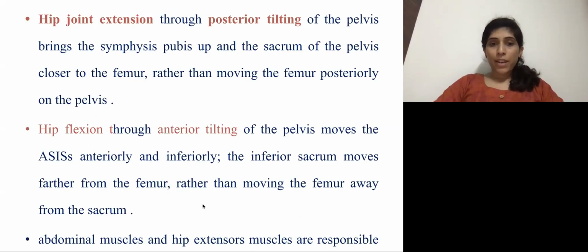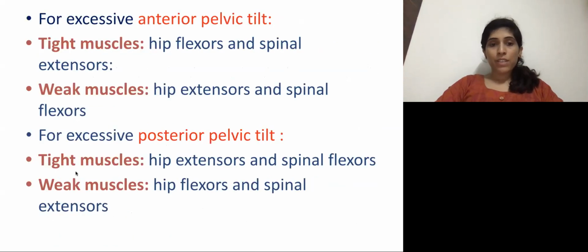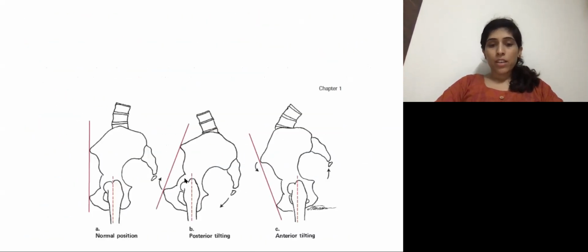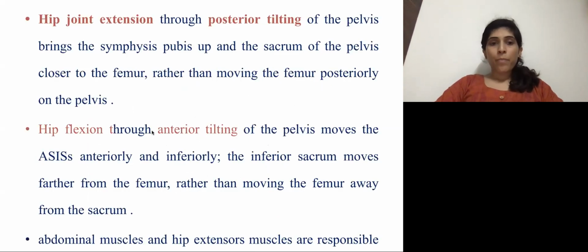During hip flexion, the anterior tilting of the pelvis moves the ASIS anteriorly and inferiorly, and the inferior sacrum moves further away from the femur. As we have seen here, the ASIS moves in an anterior and inferior direction, and the sacrum is moving away from the femur.